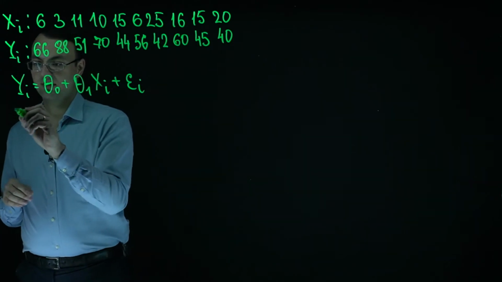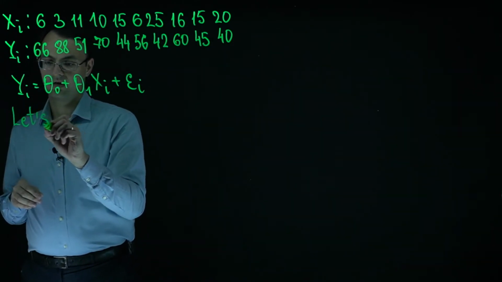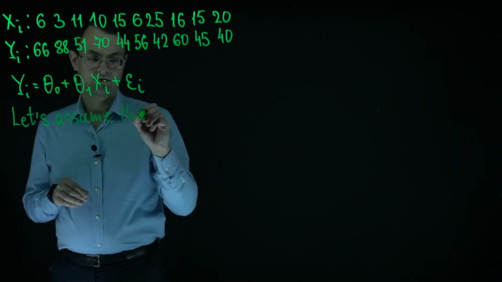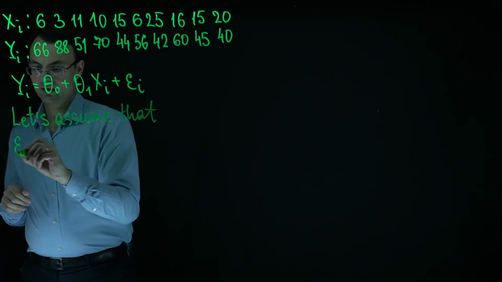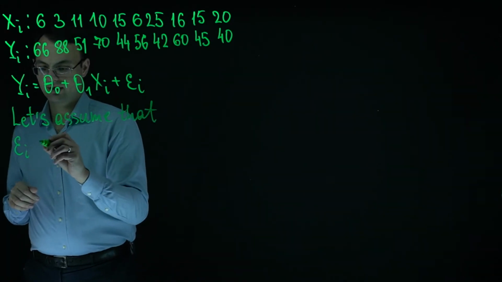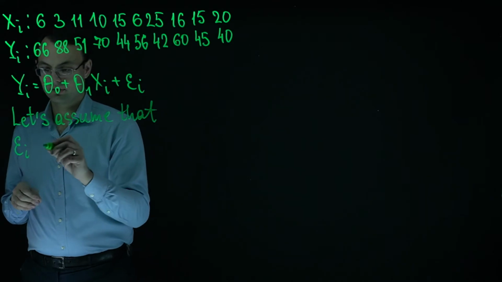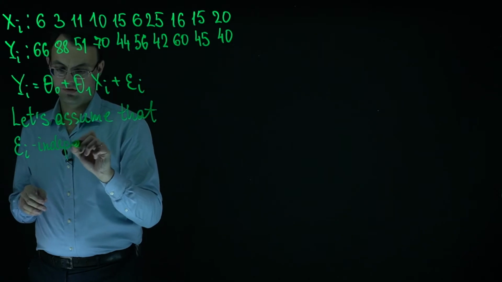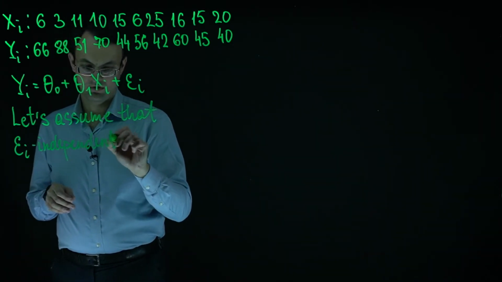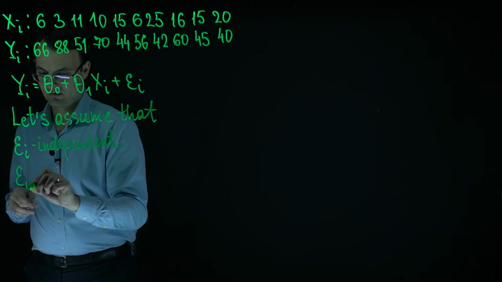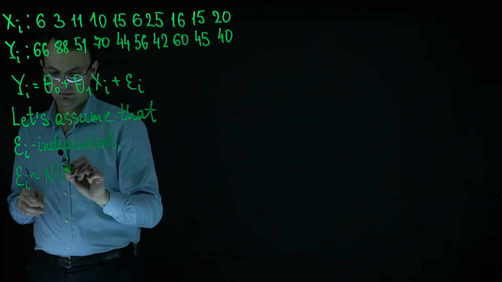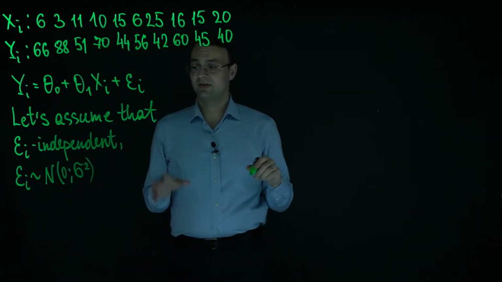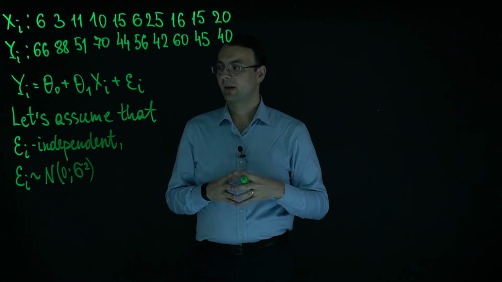So let's assume that random errors are independent, identically distributed, and follow normal distribution with zero mean and the same variance.